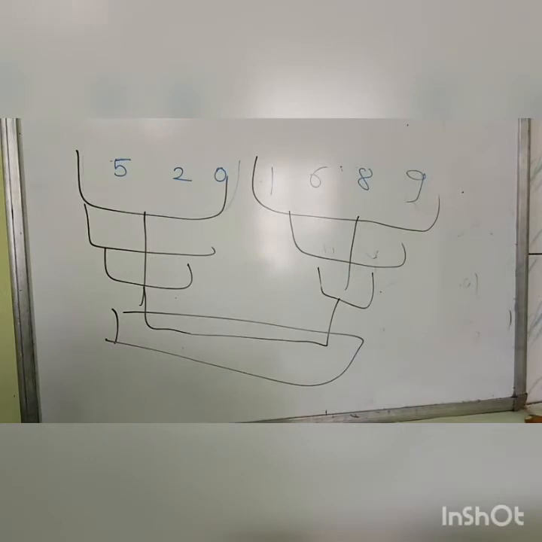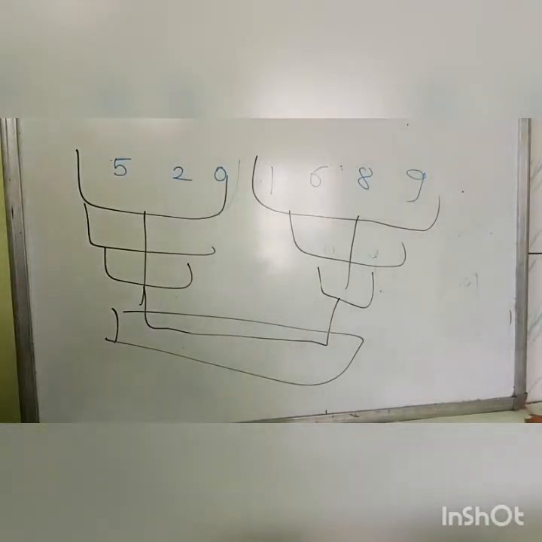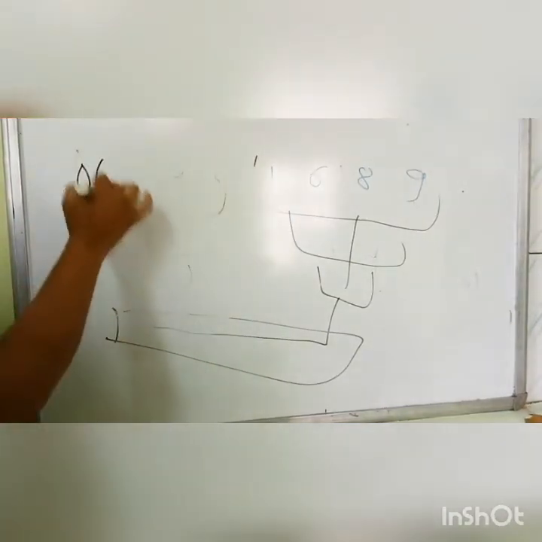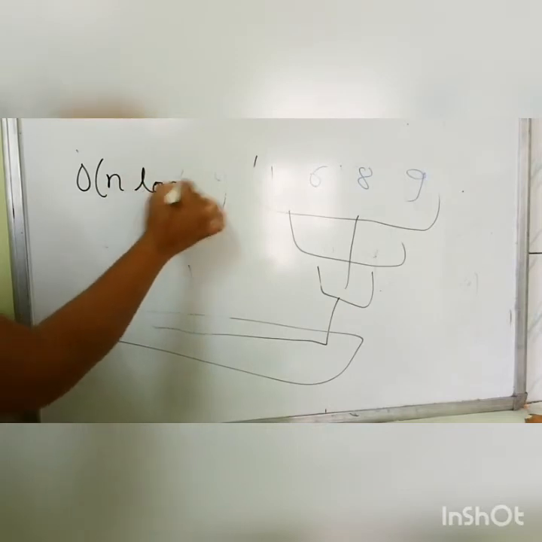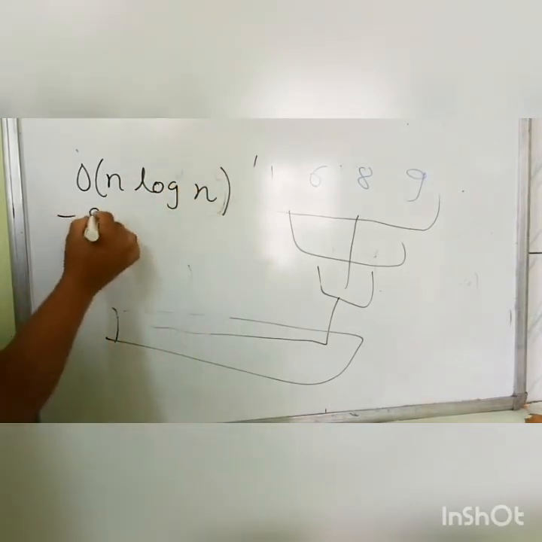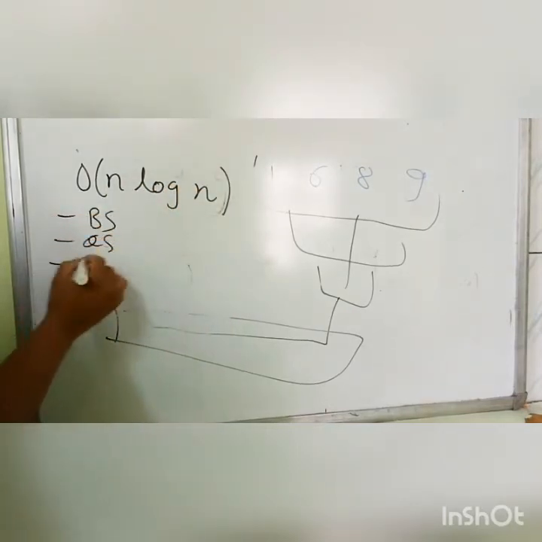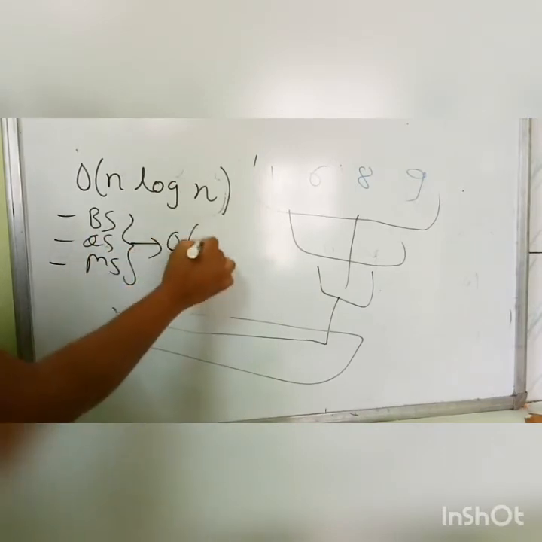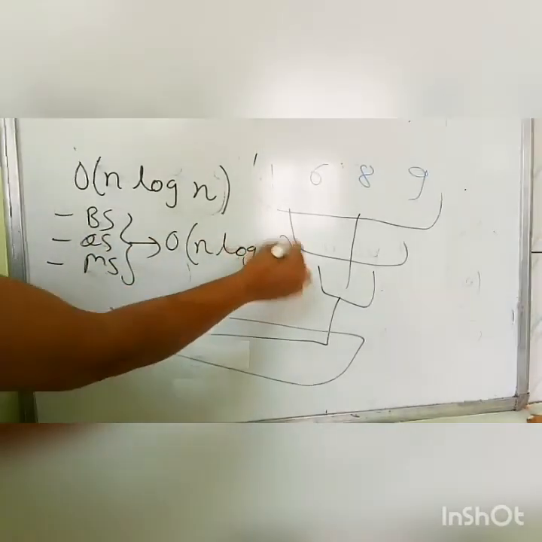The overall algorithms or strategies which are based on divide and conquer are all solved in the time complexity of big O of n log n. Means the algorithms like binary search, quick sort, merge sort, these all have the time complexity of big O of log n.